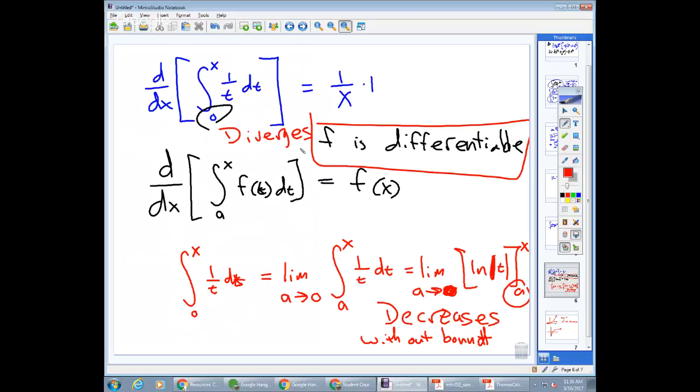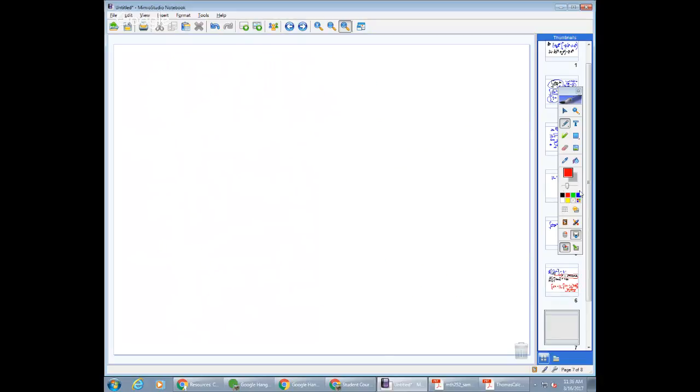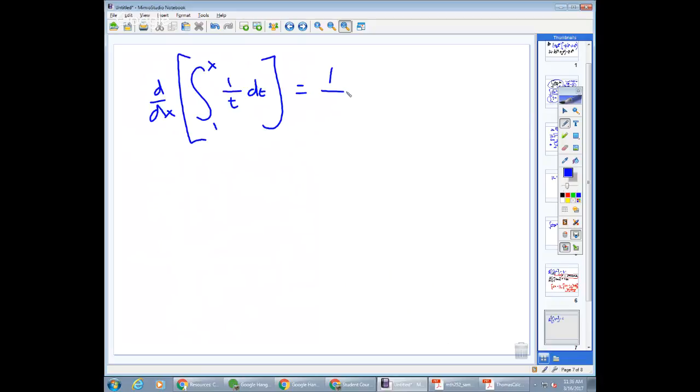Which is a problem. So what I meant to have was something like the derivative with respect to x of the integral from 1 to x of 1 over t dt. This is equal to 1 over x. So let's do a slightly harder but easier version.